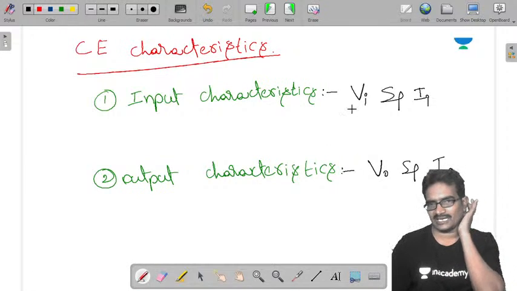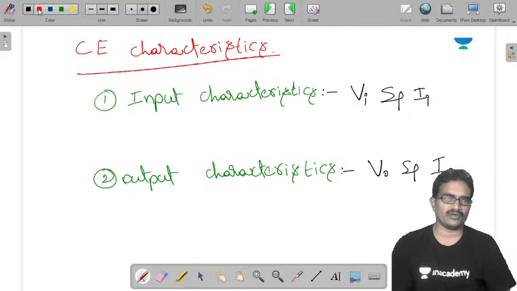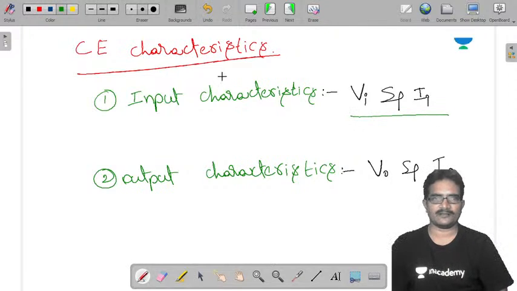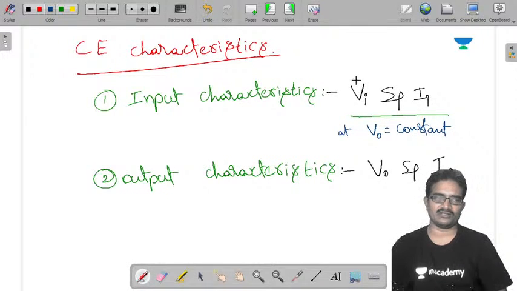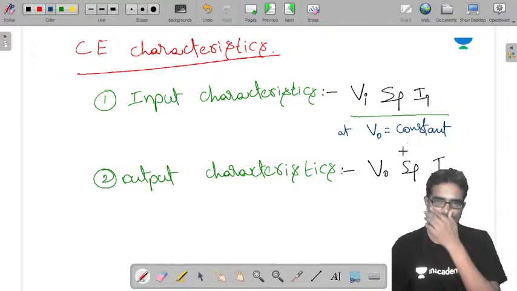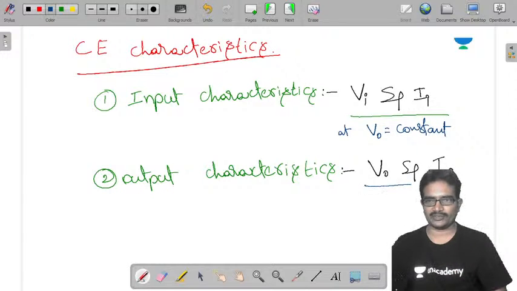For input characteristics, we keep the output voltage constant and plot the input voltage against input current. Similarly, for output characteristics, we keep the input current constant.